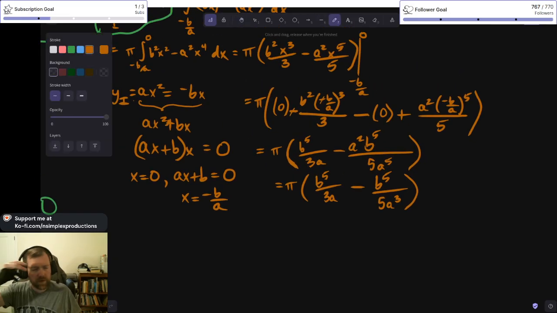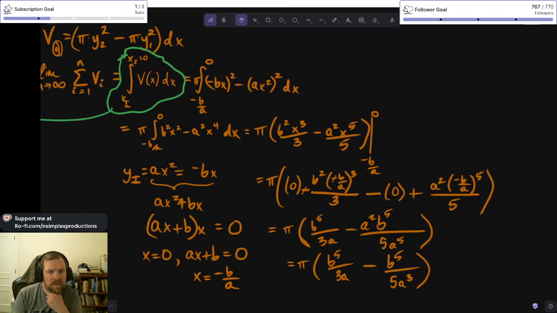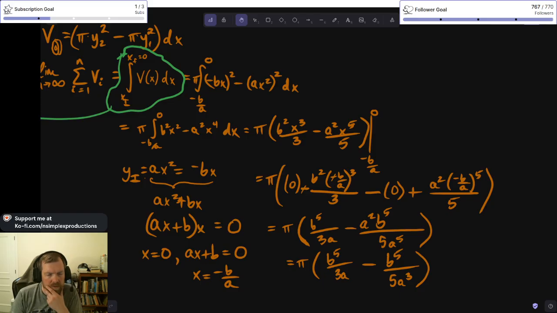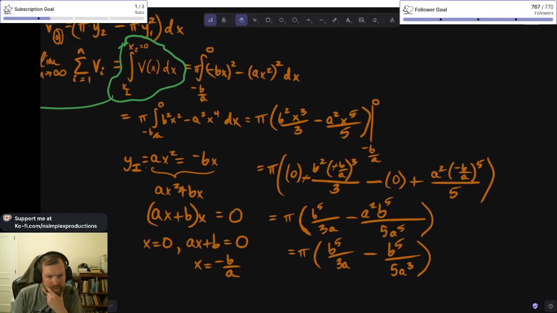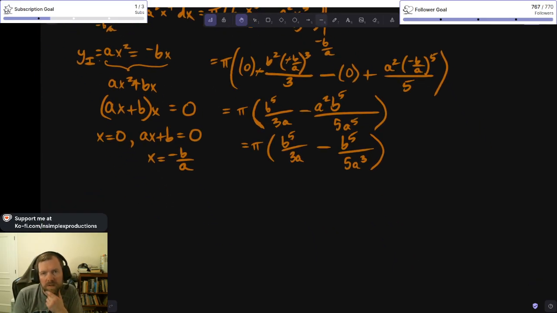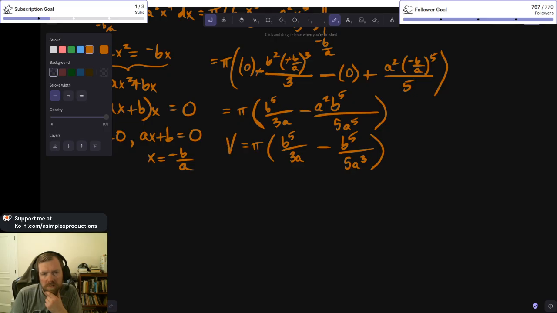So over here, my problem is that I don't know what it's all equal to, right? It's equal to the volume formula, so therefore this is just V. But it's not really what we want.